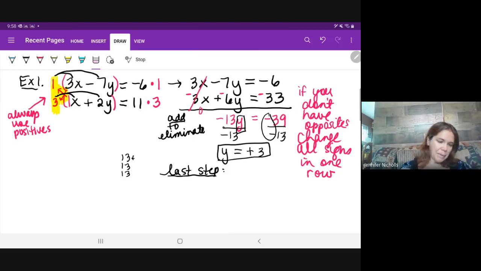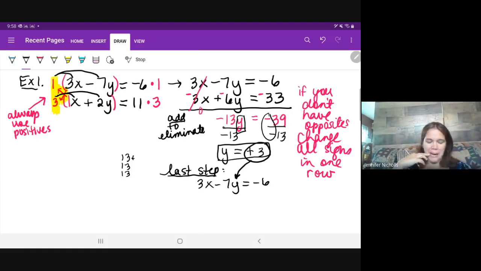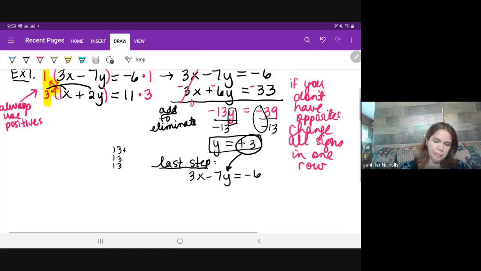Okay, so last step means you take one of the equations. So you can pick one. Most people pick the top one, and then they put this number in. If I were deciding, I like the bottom one better because it doesn't have any negatives. But normally people pick the top one, but you're allowed to pick the top or the bottom.